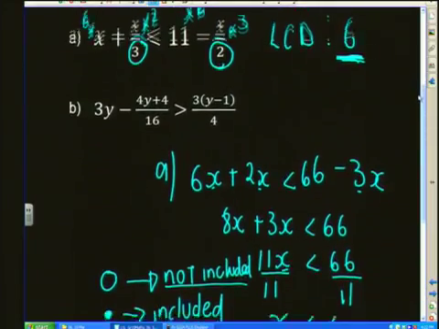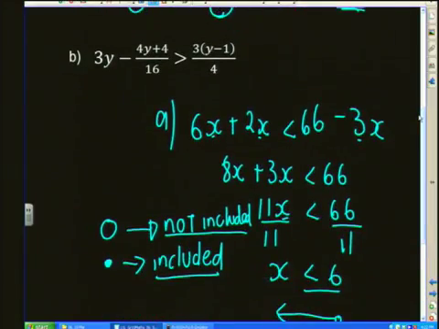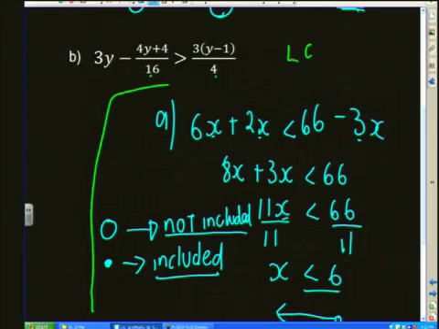Okay, in part B, I'm going to try and do this with as little mess as possible, because it's a bit of a weird one to try and fit in here so that I can see the whole sum. Again, guys, we've got an LCD of 16 in this case. So the first step is to get rid of that denominator by multiplying through by 16.